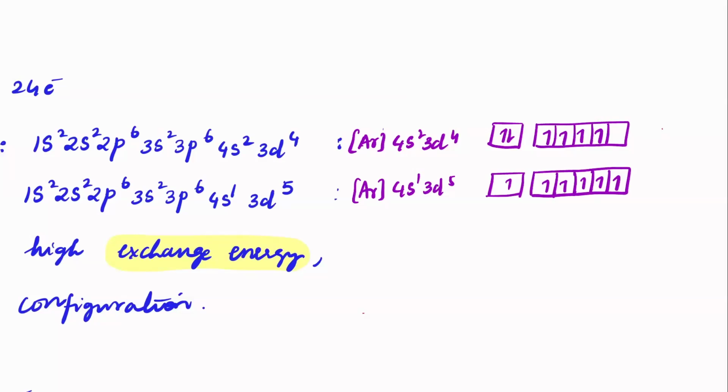Which means there is a chance that electrons can always keep pushing each other to exchange themselves. That is, one electron as it comes here, this electron can go here. This is called one unique exchange. Similarly, this electron can make an exchange with the neighbor here also, and this electron can make an exchange here also.